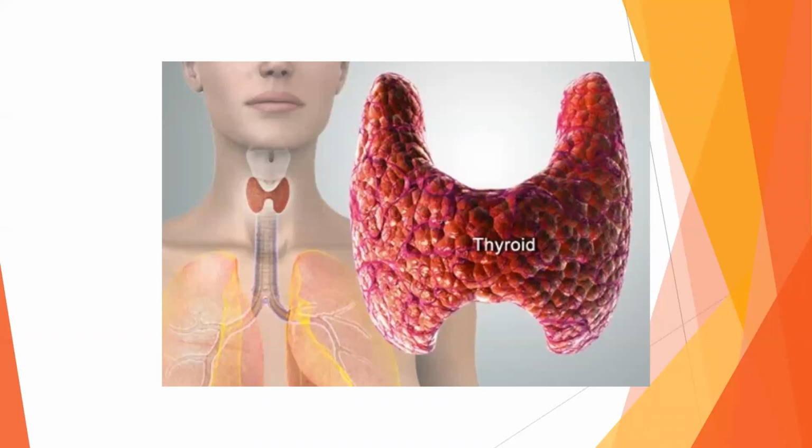Can somebody from the group give me the function of your T3 and your T4? Okay, so your T3 and your T4 are primarily involved in the stimulation and the regulation of your metabolism.